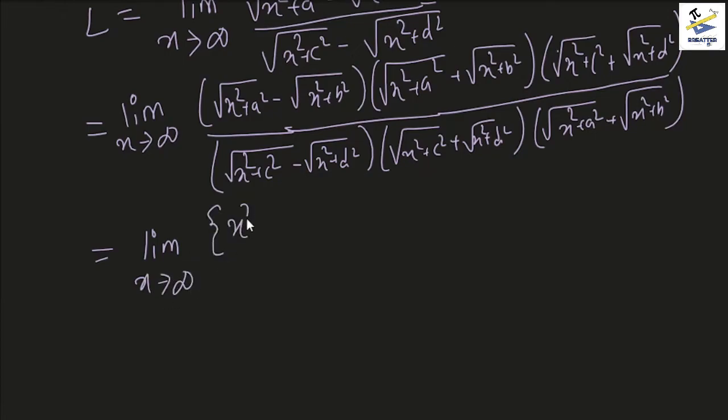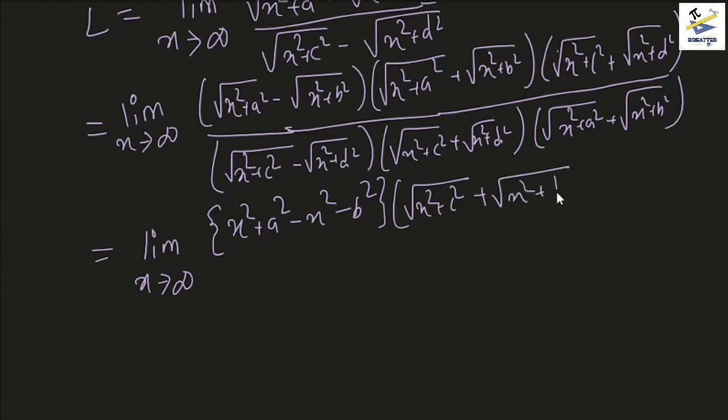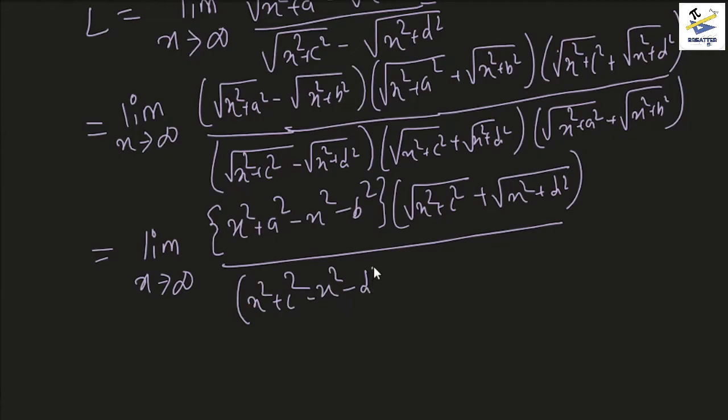It becomes x square plus a square minus x square minus b square into root of x square plus c square plus root of x square plus d square. Similarly, in the denominator, it becomes x square plus c square minus x square minus d square into root of x square plus a square plus root of x square plus d square.